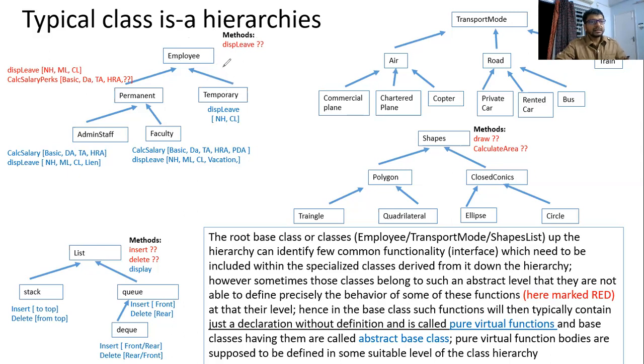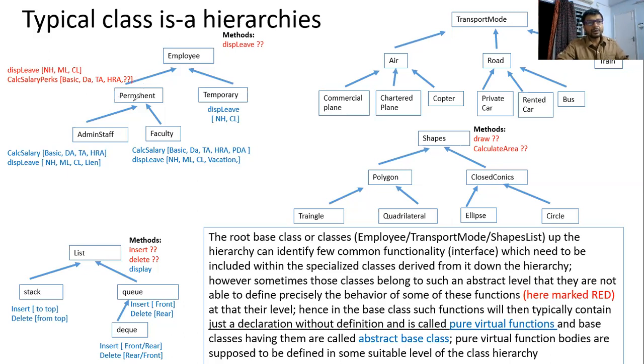So the designer, when defining the employee class, knows that display leave is a very important function that should be a part of it, but he's unable to clearly define the behavior or the details of that function, because it's too generalized a case where you could foresee or pinpoint the details.